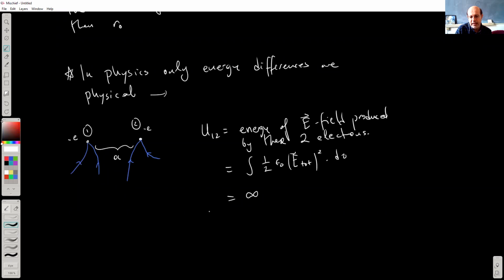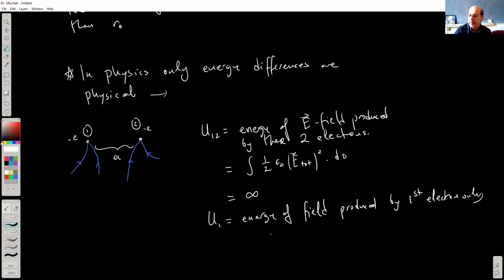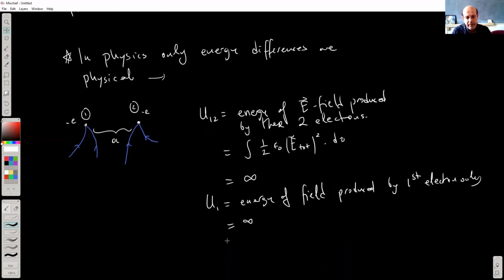Now, we can also compute the energy of the electric field produced by the first electron alone. Let's say that the second is not present. We know that this is also infinite, we just computed this. I can also do the second one, the energy of the field produced by the second electron only, and I know that this is also infinite.